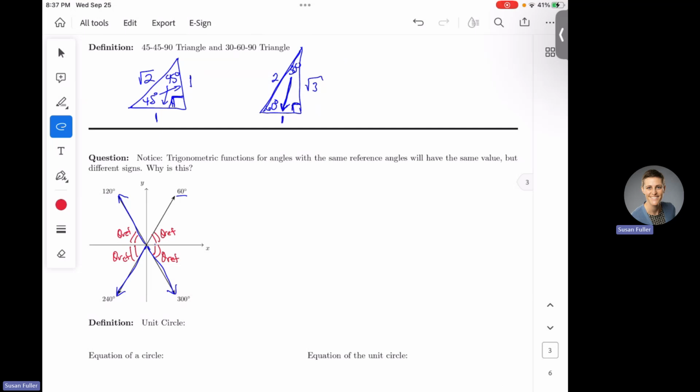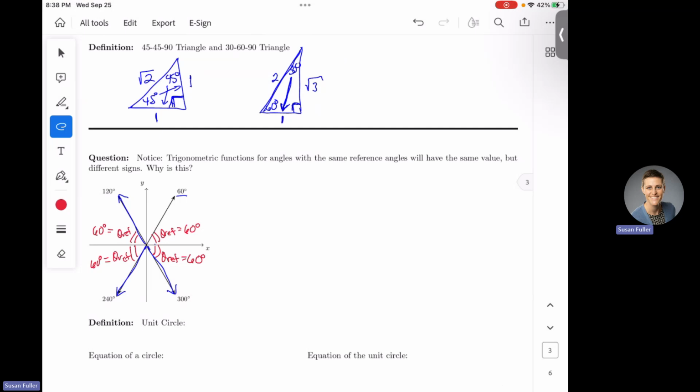And you can go through and find your reference angles for each of these. You will find that your reference angles for every single one of these angles is 60 degrees. They all have the same reference angles.